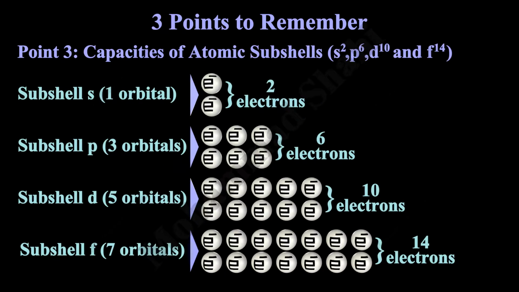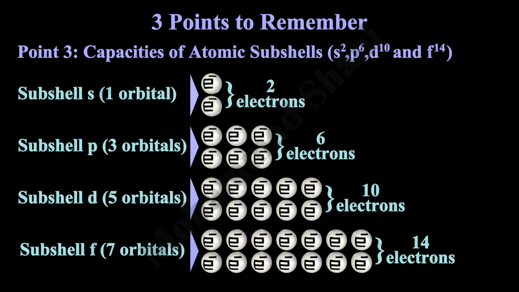The third thing to remember is the capacity of atomic subshells, or the maximum number of electrons that can occupy each kind of atomic subshell. Based on the number of orbitals of each atomic subshell and the fact that each orbital, in accordance with the Pauli exclusion principle, can contain at most 2 electrons, capacities of atomic subshells are 2 electrons for each s subshell, 6 electrons for each p subshell, 10 electrons for each d subshell, and 14 electrons for each f subshell.